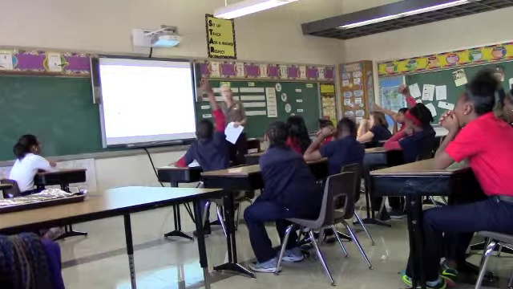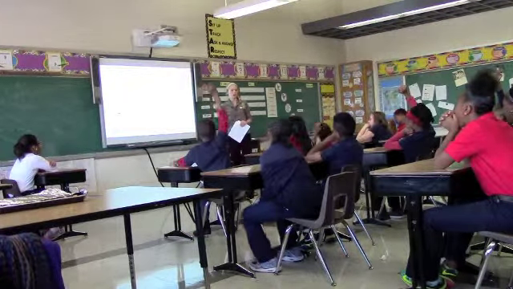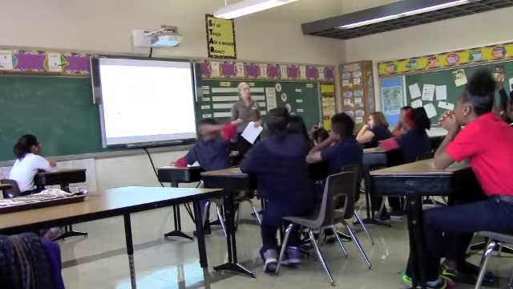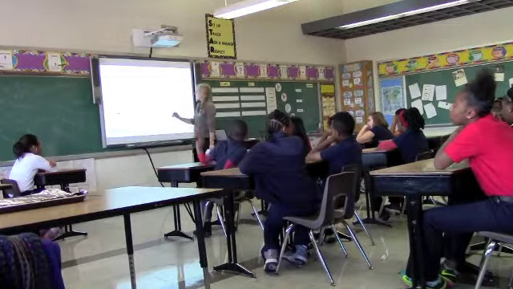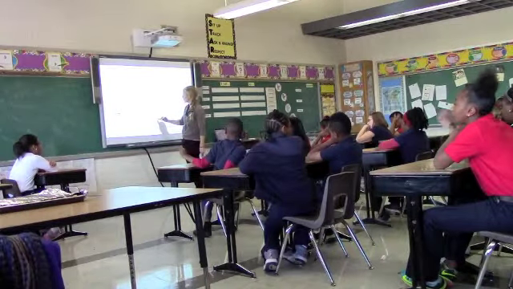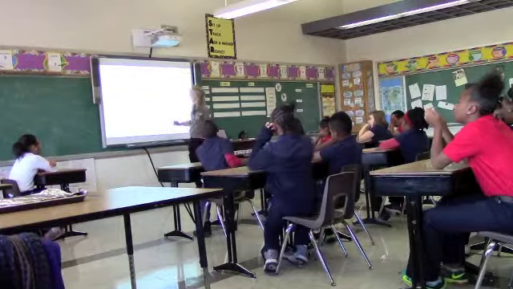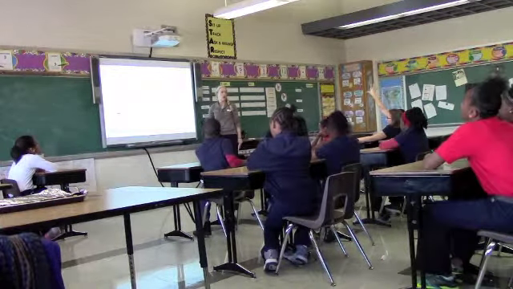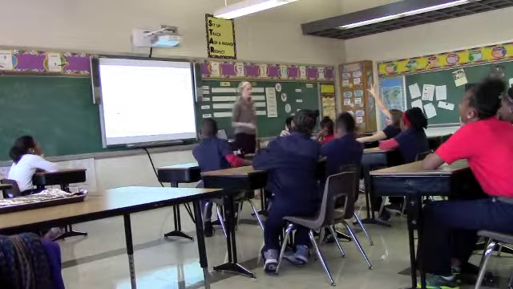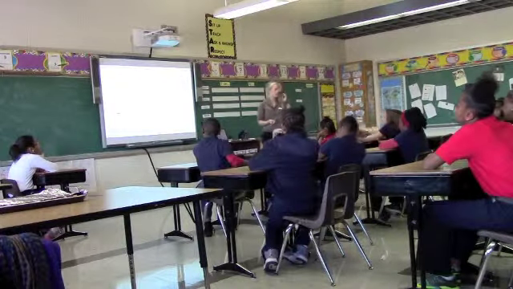Am I done? Why not? Terrence. Times 11. Good job. I saw a lot of people on this particular problem just stopped. They just stopped at 33 and 1 and 11 times 1. I need you to go through all of the factors. Caitlin, what's the next?